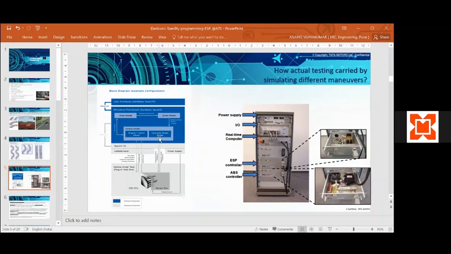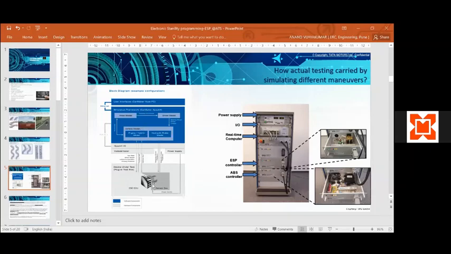Conducting this physically, yes, there are some standard tests, but experimenting or doing a lot of design of experiments with the testing maneuvers or road scenarios is a safety concern. So if you can perform it in a simulation environment, we can have all sorts of combinations of conditions and environments, which can validate that the controller is really robust enough to take care of those scenarios.